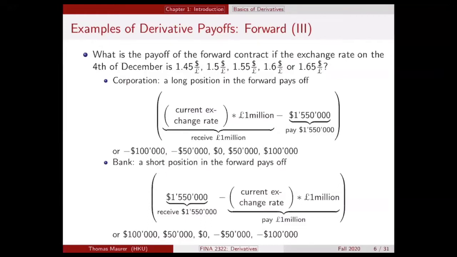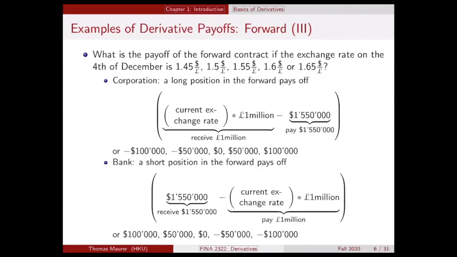The corporation has to pay 1.55 million, then let's just settle by paying the difference. So in this case, the corporation would have to pay the bank just $100,000 cash. Okay. Now, if they still want to buy the British pounds, they can also just go to the spot market and exchange 1.45 million US dollars into 1 million pounds.